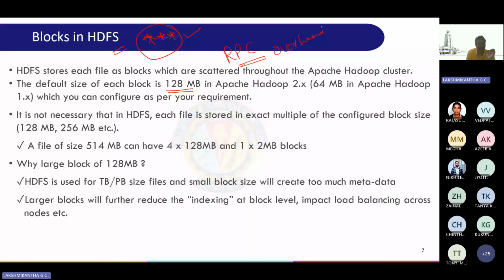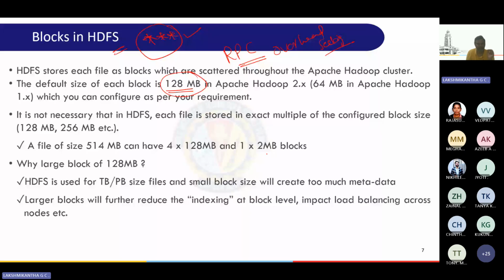Seeking means jumping from one location to another location in your memory, right? That is called seeking. And it allows efficient streaming reads. These are the main purposes why we are using 128 MB here.